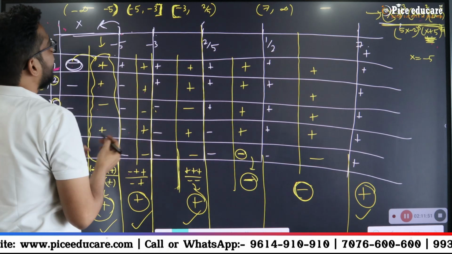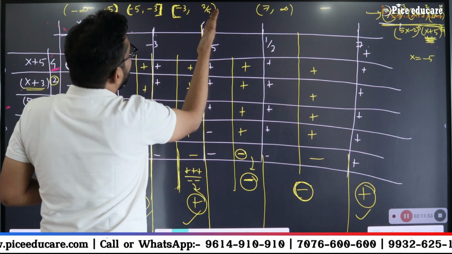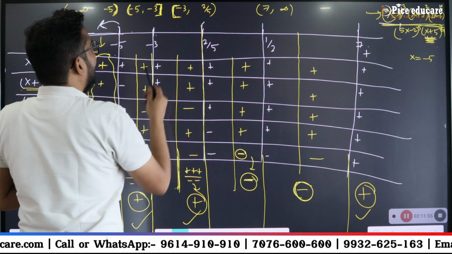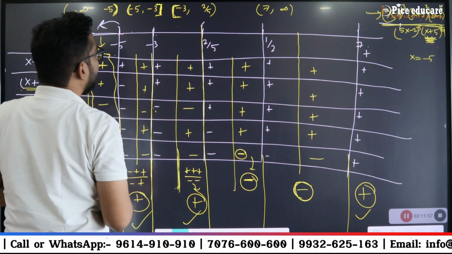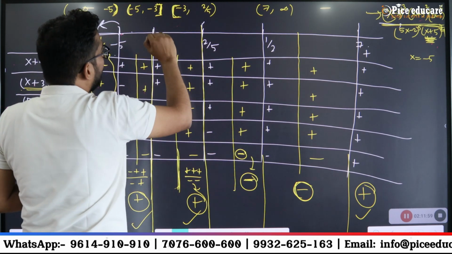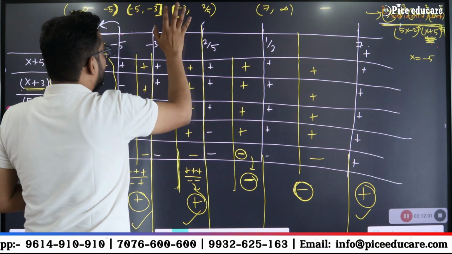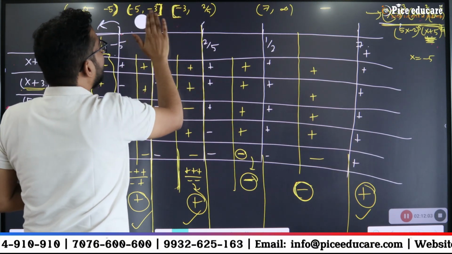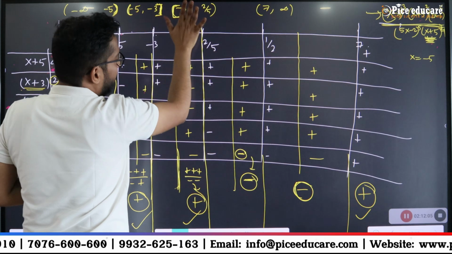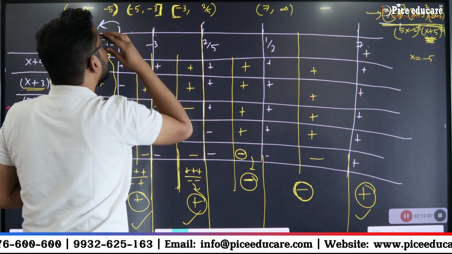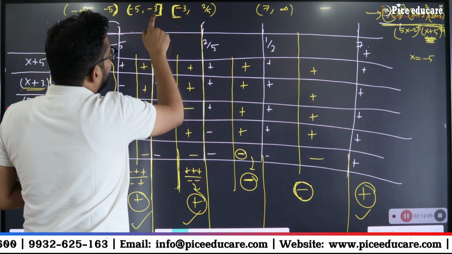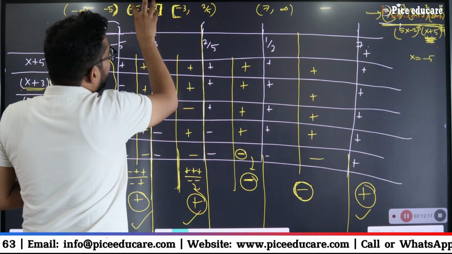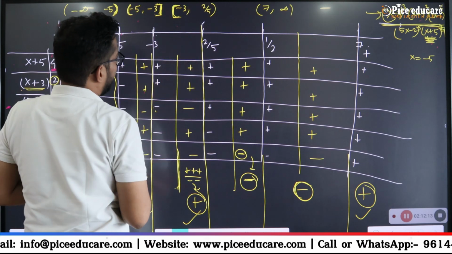Now technically, beyond minus 3 and less than minus 3 and including minus 3, I'm saying it wrong every time. So minus 3 is present in this interval and in this interval.